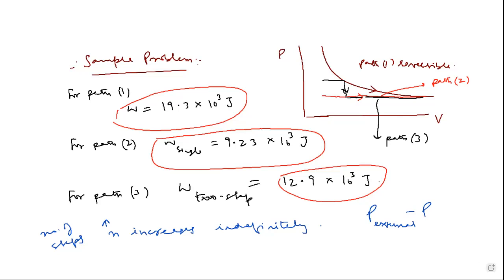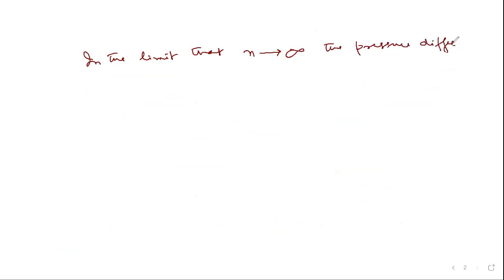So in the limit that n tends to infinity, the pressure difference, the external minus P approaches 0, right?